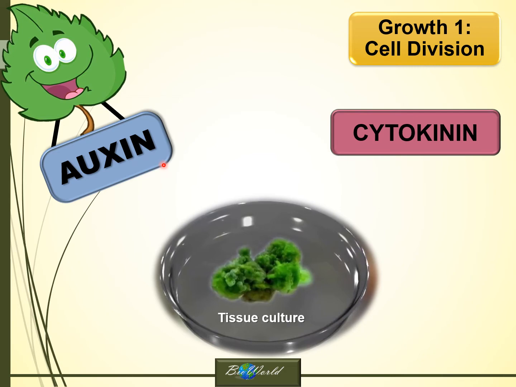You see, auxin alone is unable to make the cells divide. Auxin must be present together with cytokinin, only then the cells will divide. A relationship where both hormones depend on each other is known as synergistic. So in the situation of tissue culture, auxin and cytokinin are synergistic.